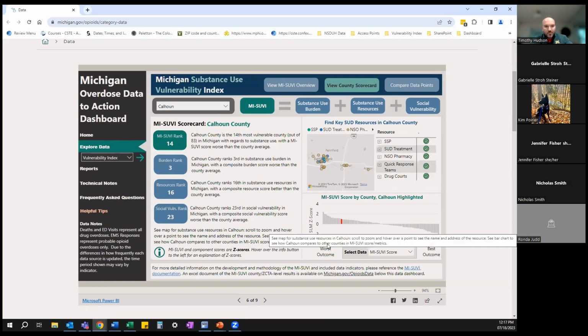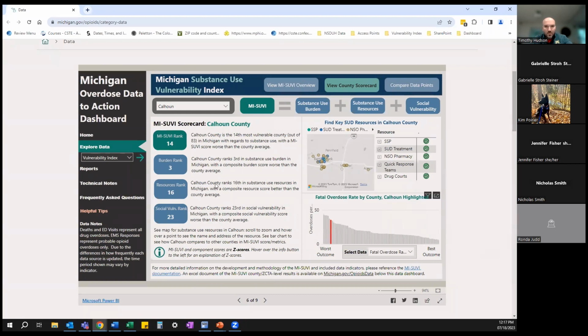Down here, we have a bar graph where you can see the county you've selected highlighted in red compared to all other counties in the state. You can toggle through any data point that feeds into the SUVI. Here I'm just pulling up the fatal overdose rate. It's feeling slow today, it's thinking.